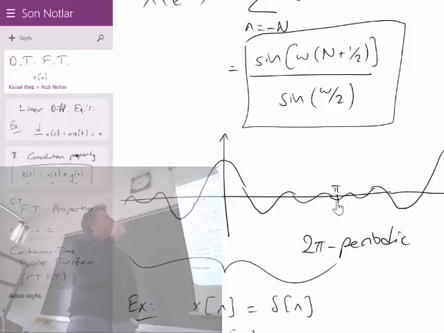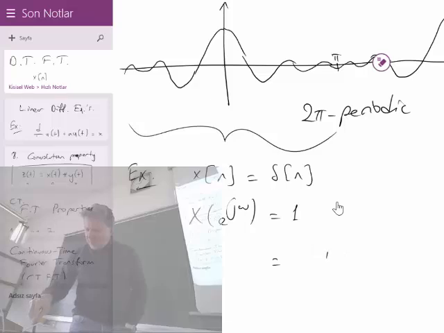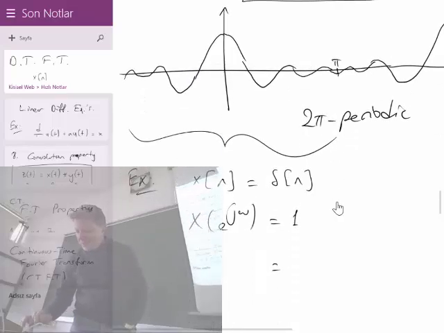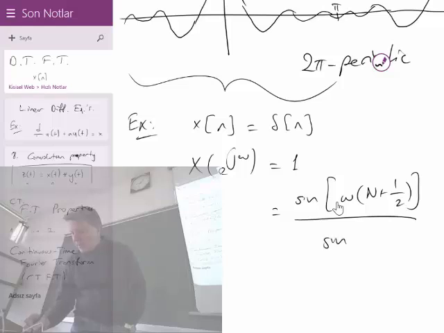So what you will have will be, perhaps I shouldn't write it this way, I should copy this formula, which is sine omega n plus 1 over 2 divided by sine of omega over 2. Okay, so this was the discrete time Fourier transform.